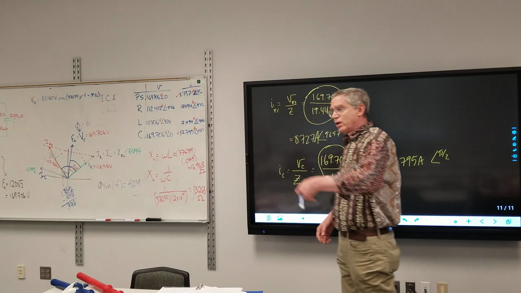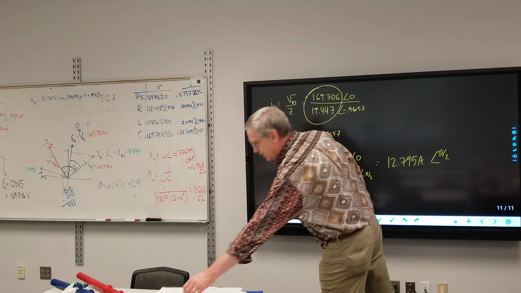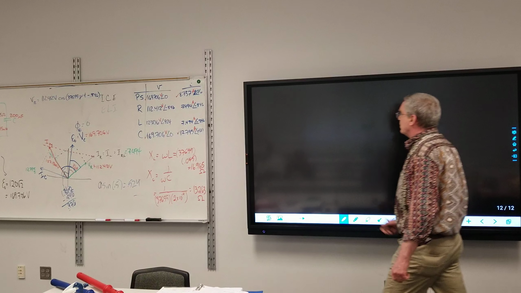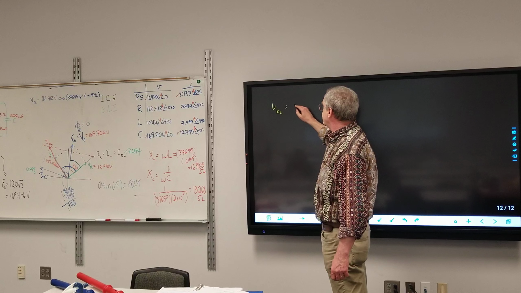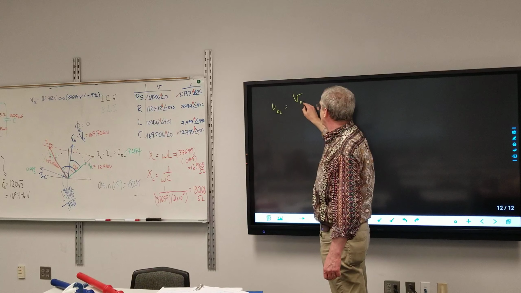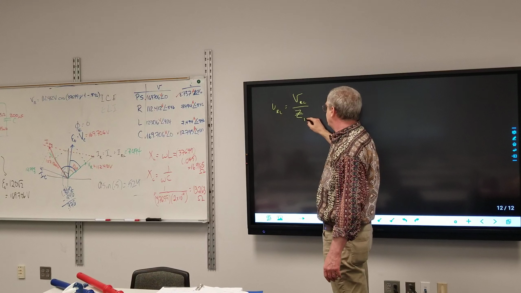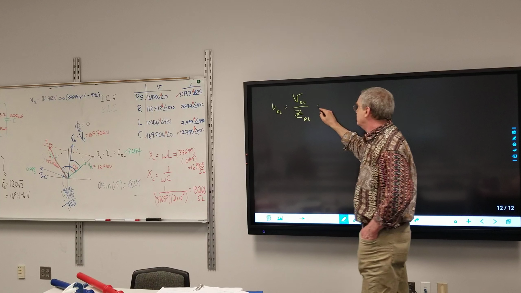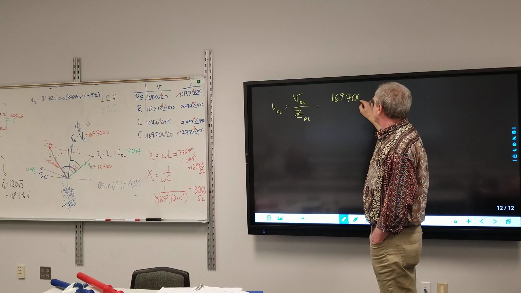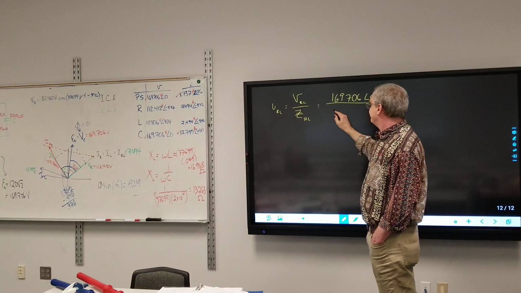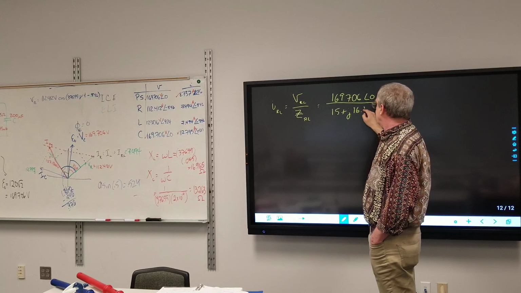I know the voltage across RL, well, the entire combination, it's the same as we've been using. So the current across RL is going to be the voltage across RL over ZRL. And so this is 169.706 angle of 0 over 15 plus j16.965.